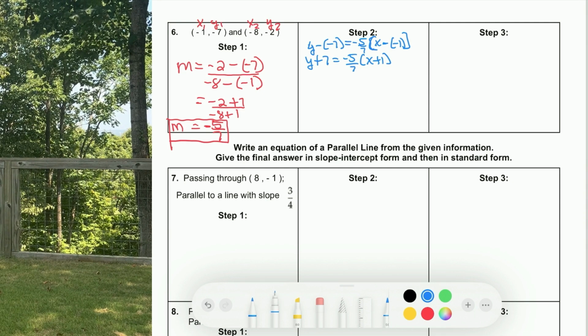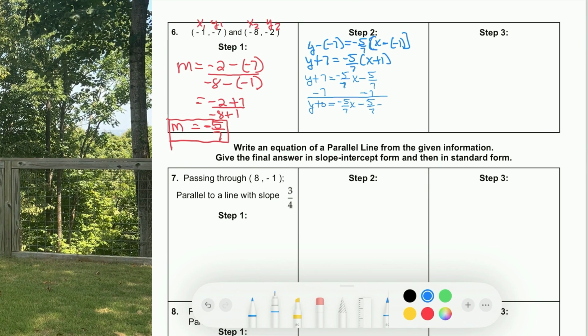I'm going to distribute, so I end up with y plus 7 equals negative 5/7 x minus 5/7. Now I'm going to subtract my 7 from both sides. I get y plus 0 equals negative 5/7 x minus 5/7 minus 7.